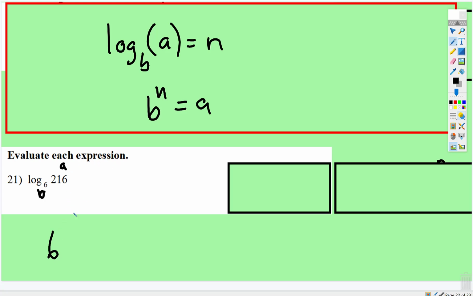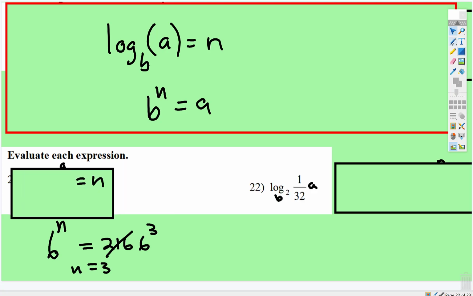This is evaluating. We don't know what the n is, so we're going to put n is equal to 216. And if we were to simplify this, we could rewrite 216 as 6 to the 3rd. Since the bases are the same, n is equal to 3.